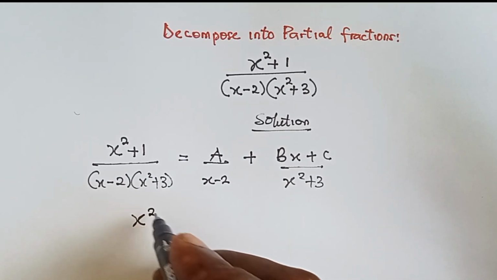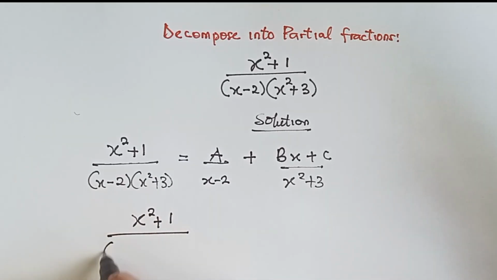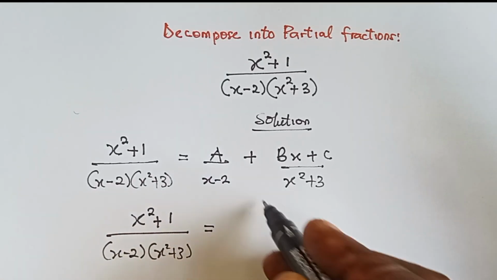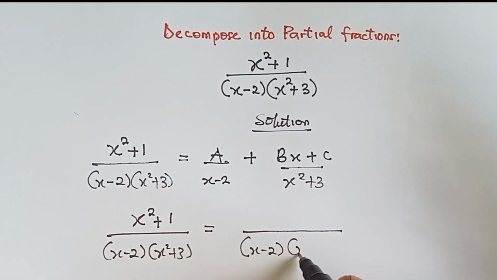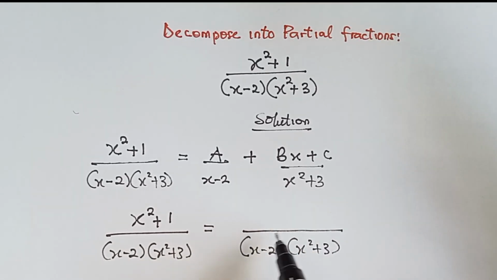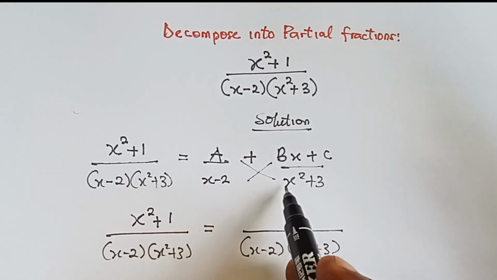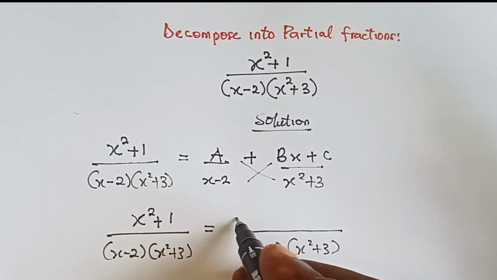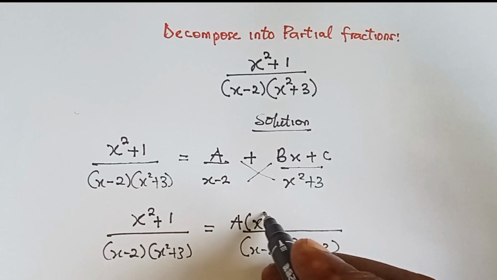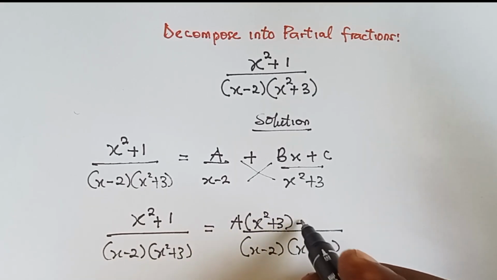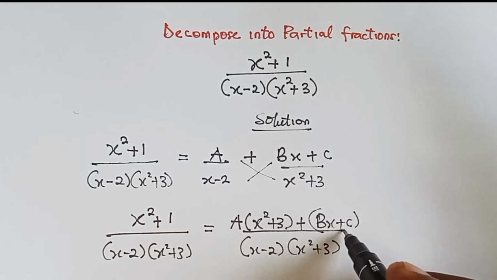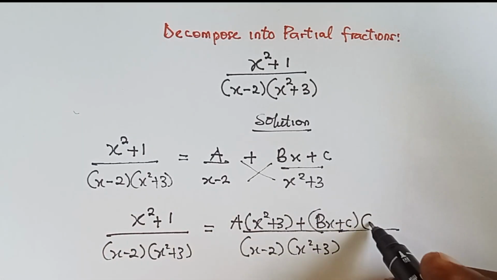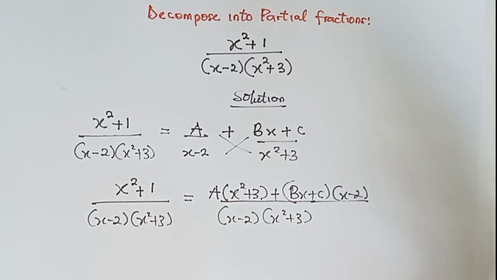So we write (x squared plus 1) over (x minus 2)(x squared plus 3) equals to the LCM of this, which is still (x minus 2)(x squared plus 3). Then, we're going to multiply this with this and this with this. So we have a multiplying (x squared plus 3) plus we have (bx plus c) multiplying this (x minus 2).